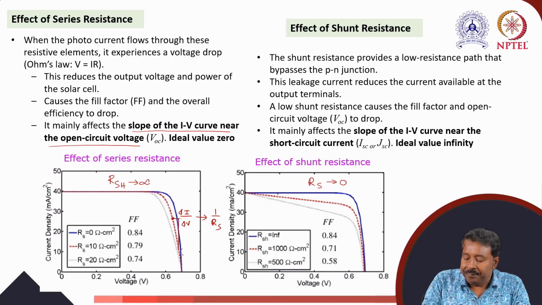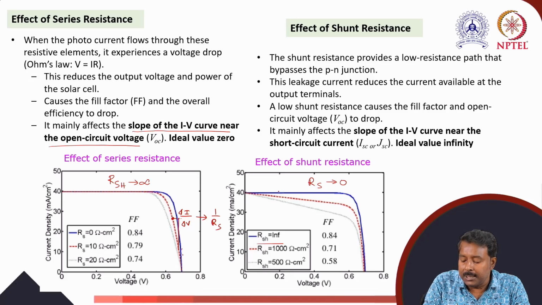You see, for an infinite value of RSH, which is the ideal case, the blue curve is following the ideal one. Now, if RSH reduces from infinity, say to 1000 ohm centimeter square, the red dash curve is shown, where the current is mainly affected. So the slope changes near the ISC, this point.